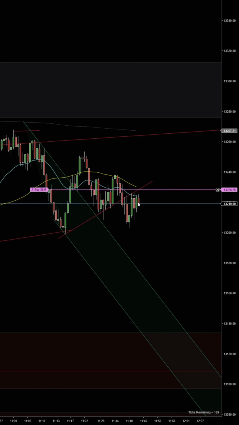Okay, there are some sellers there, they are trying to sell it from here. But the buyers keep buying it. Yeah, that's a green bar and the wick underneath there.